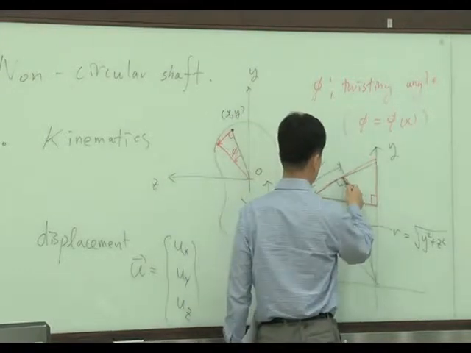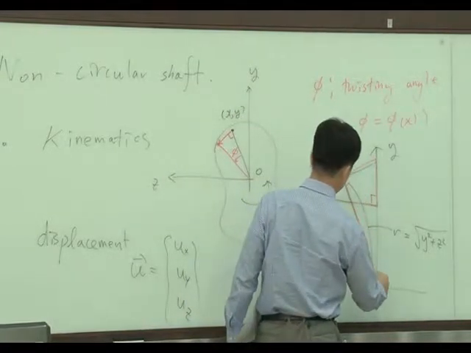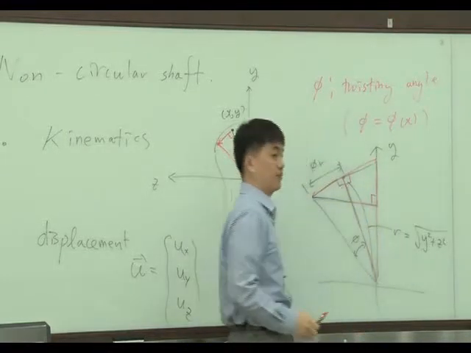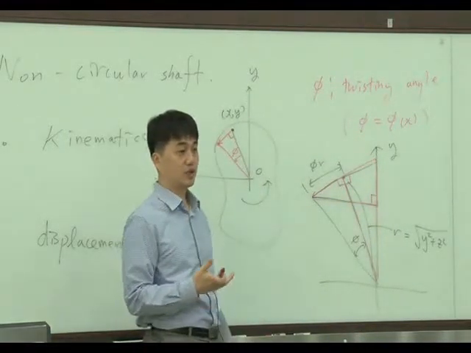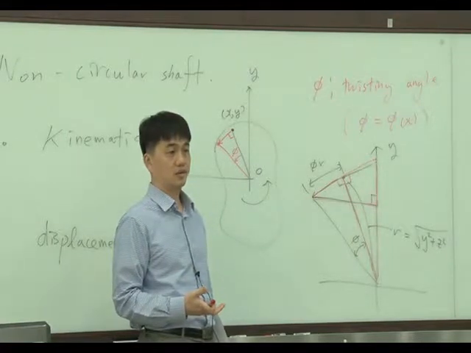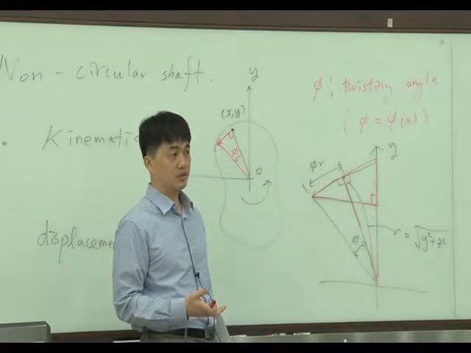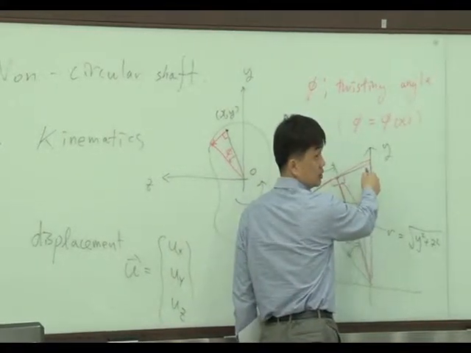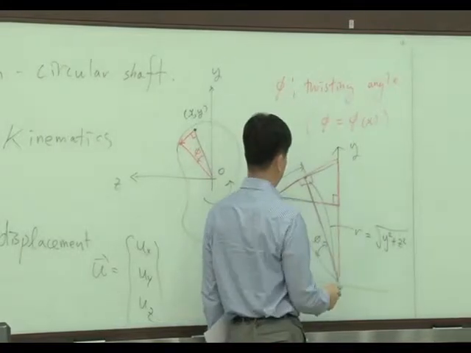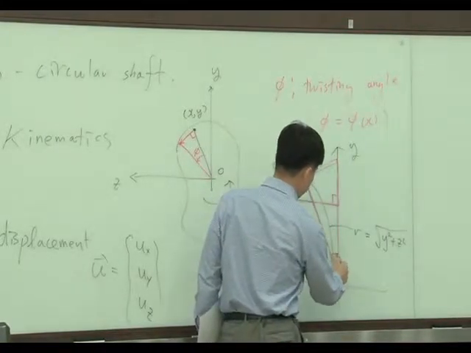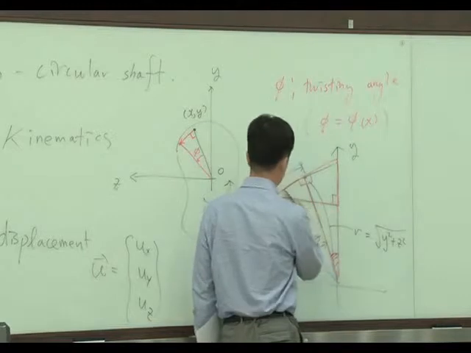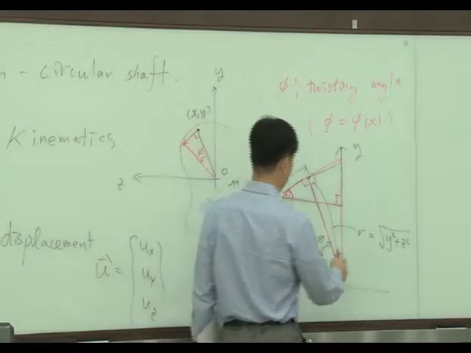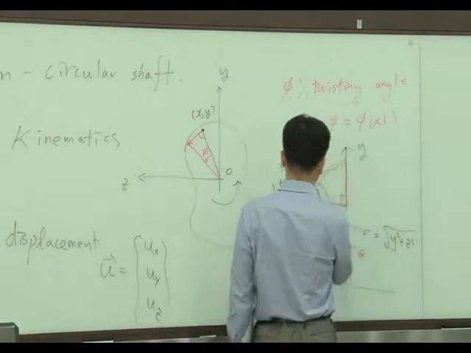The second triangle is this one, and it has a right angle here. Actually both triangles are similar, right? They are sharing this end, so this angle and this angle should be the same. Let's say this angle is just theta.